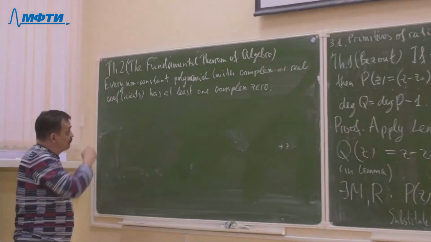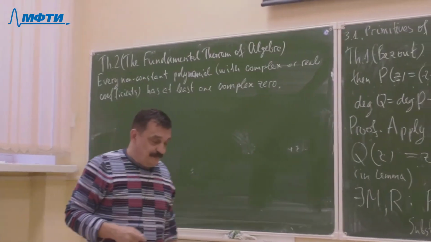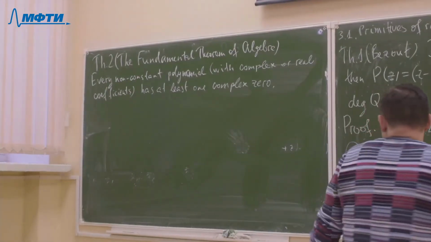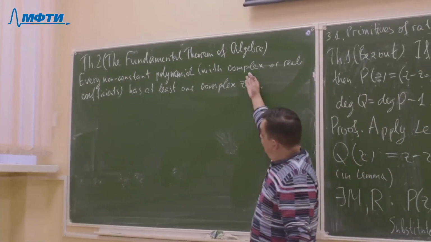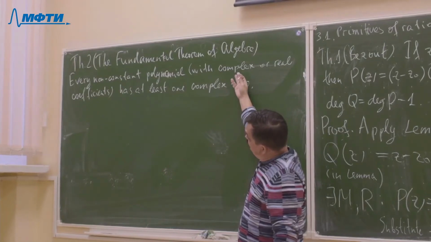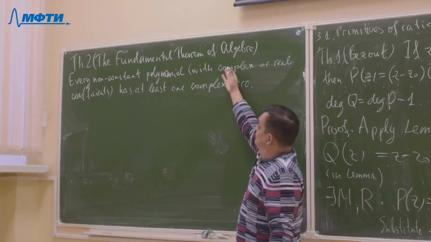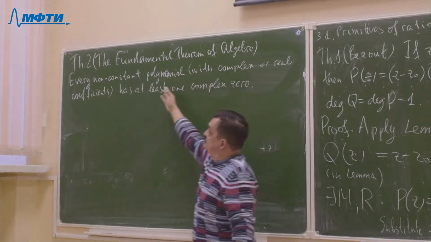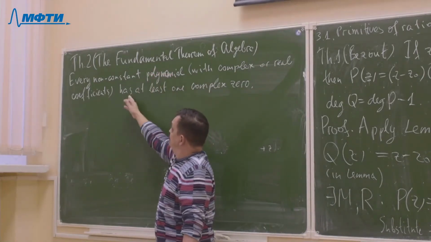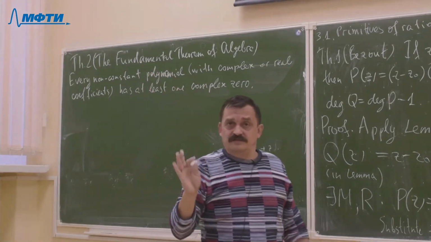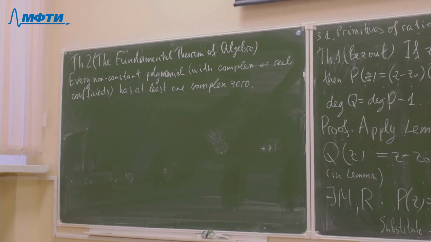So every non-constant polynomial has at least one complex zero. In fact, it would be better to omit the earlier sentence. That's the best formulation of this theorem. And what about the proof?